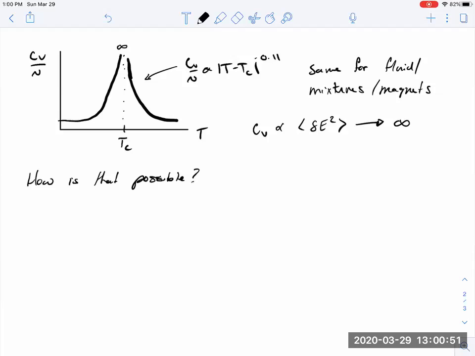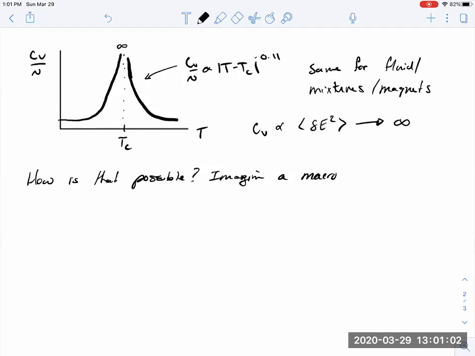Let's work out a thought experiment where we take a macroscopic system and we divide it up into uncorrelated regions.